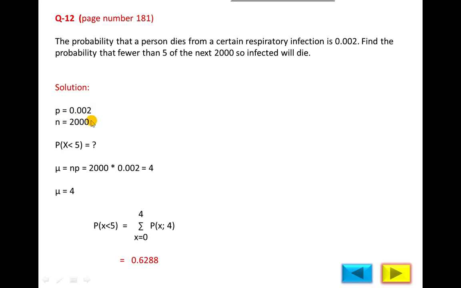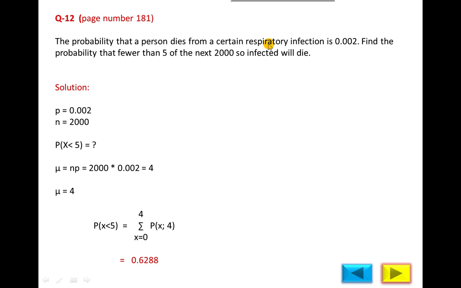If n is more than 20 and p less than 0.05, then we apply the Poisson distribution instead of the binomial probability distribution. This is a question of the binomial probability distribution. If you change the values, suppose this value is 0.2 and this value is 20, then we will solve this question using the binomial probability distribution, not Poisson.